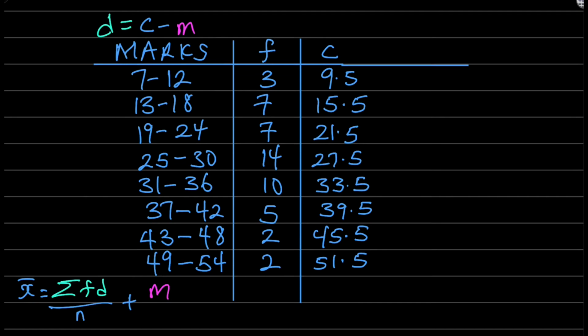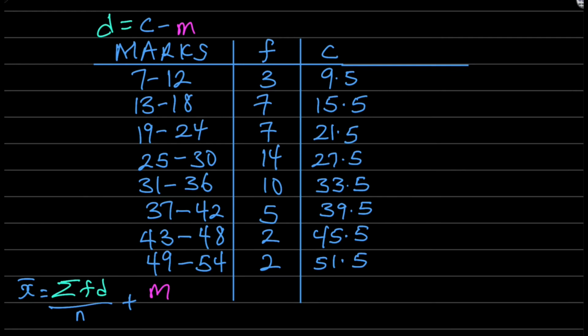You assume a particular value to be your mean, then you employ that in your calculation in order to find the actual mean. So we have the actual mean and we have the assumed mean. M here will serve as the assumed mean, while X bar is the actual mean, whose value you get by the time you are through with your calculations.